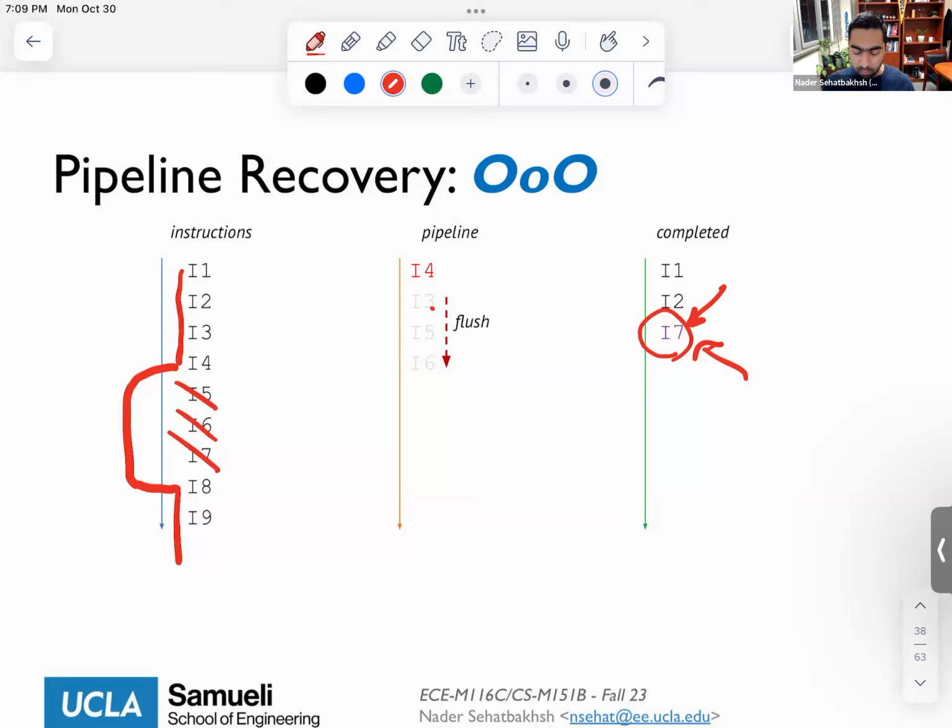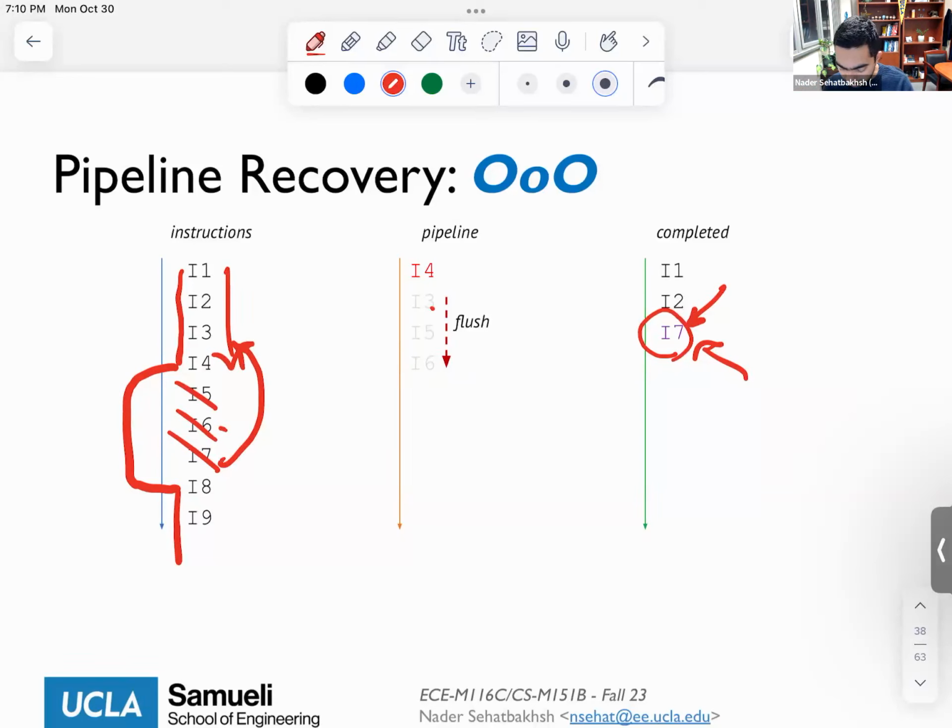Okay, so why is this an issue here and not an issue in order? Because in order, we always make sure that we are executing instructions in this format. We never run I7 before 6 or 4, but in out of order, anything is possible. In other words, there's a possibility that I7 actually happens before I4.